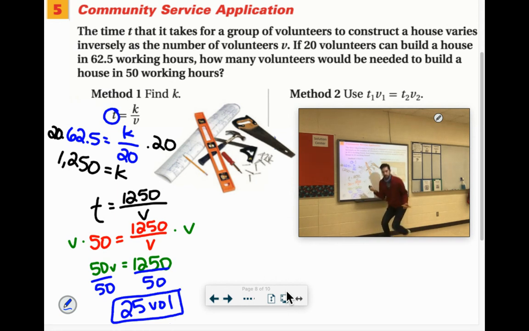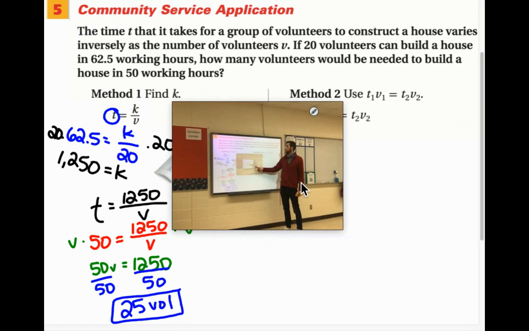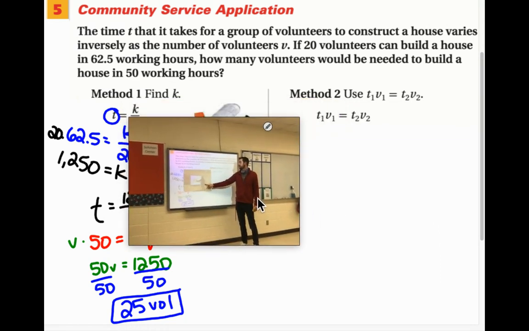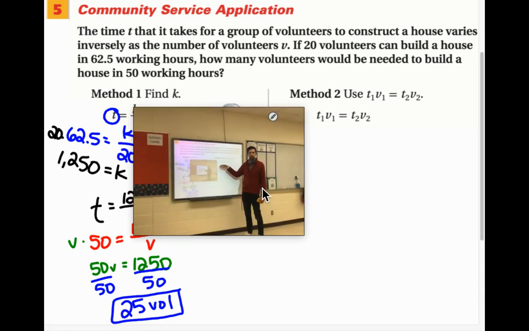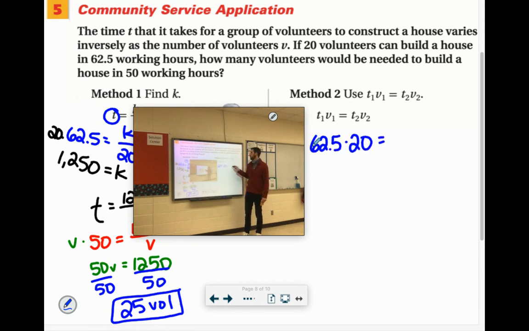Sweet. That's not bad. The other formula that they were talking about up there is the time times the volunteers of one set will equal the time times the volunteers of the other set. So they said, if you have 62.5 working hours times the 20 volunteers, that'll get your house done.